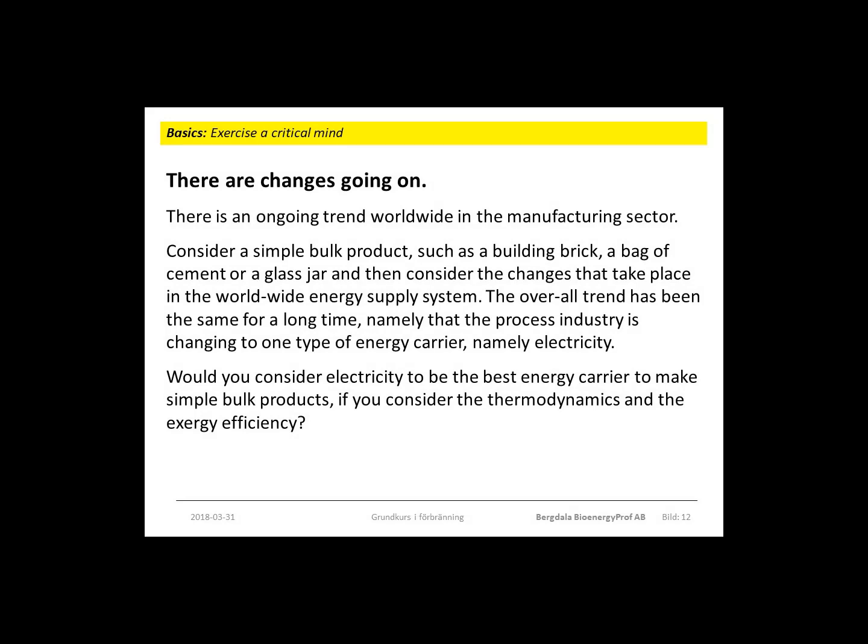According to the International Energy Agency, there is a shift in the industrial sector worldwide to replace the use of fuel with the use of electricity as the main energy carrier. This shift can be questioned from a strict thermodynamic point of view, but let's consider what it means from a fuel quality point of view. More than 80% of the world's electricity is produced using steam turbines and fuel firing, or nuclear energy, of course.